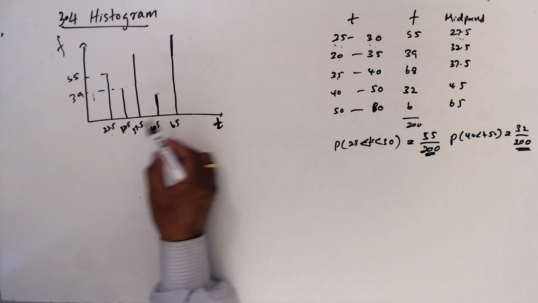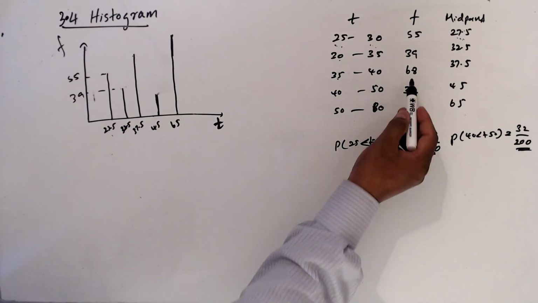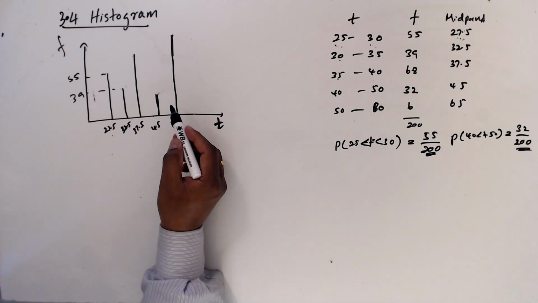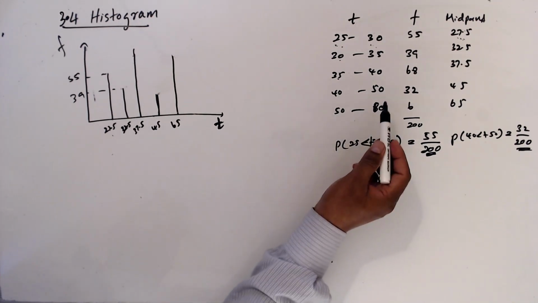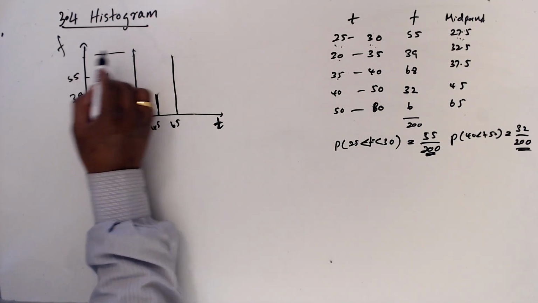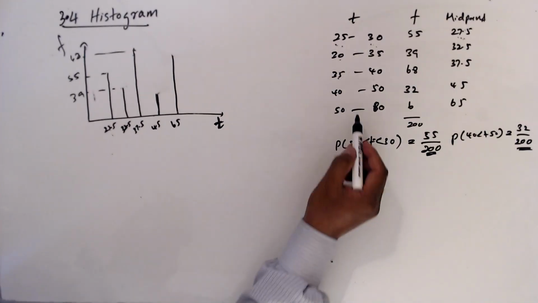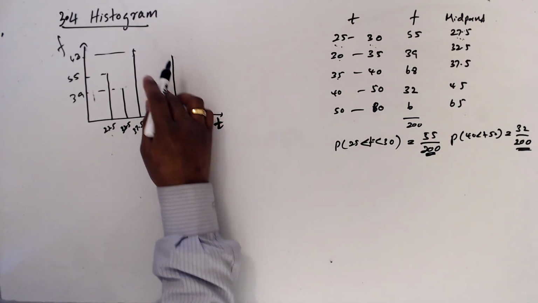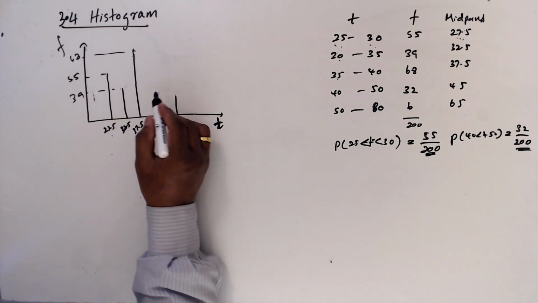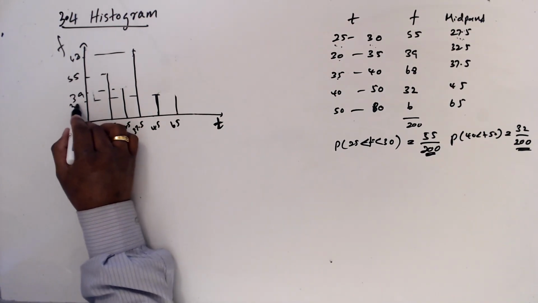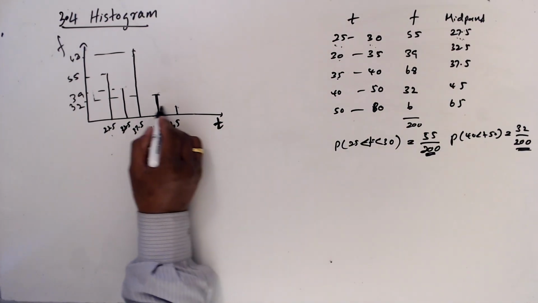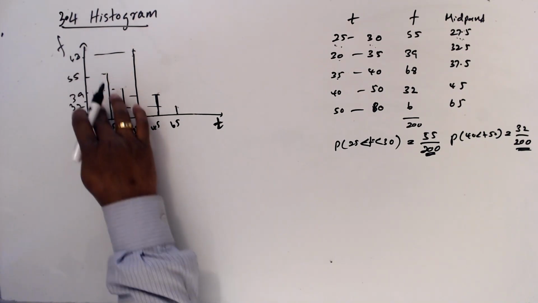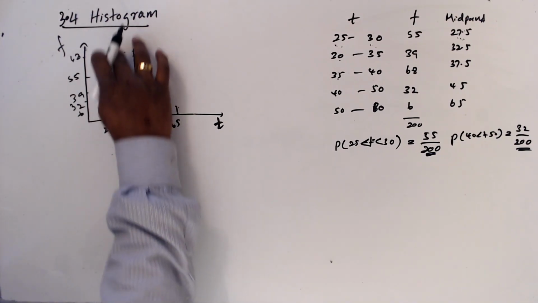And the other one, 35 to 40, which is 37.5, has 68. And then 45 to 50 has 32, and this one, 65, has 6. So what is this graph? This is a spike graph.